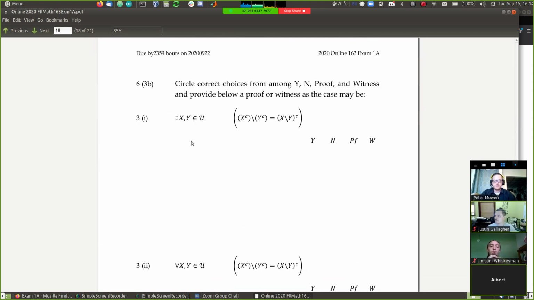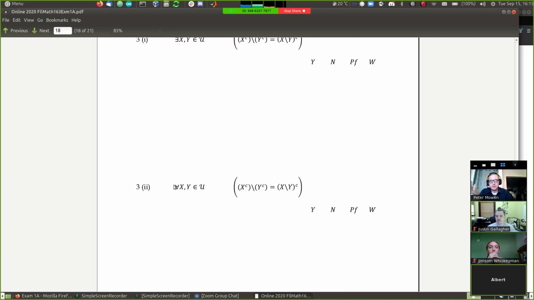So whenever you've got a proof that says there exists some x and y in the universe, if you think this is true, then you just have to provide a witness to show that something works. But in the second one, where it says for every, if you think that's true, then you have to provide a proof. But if you think it's false, you just have to find one instance where it's false.